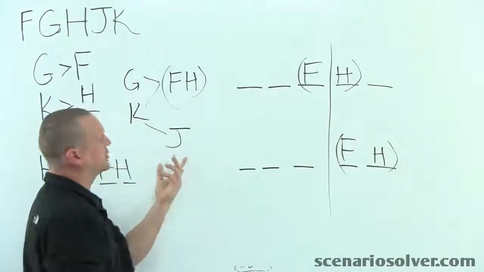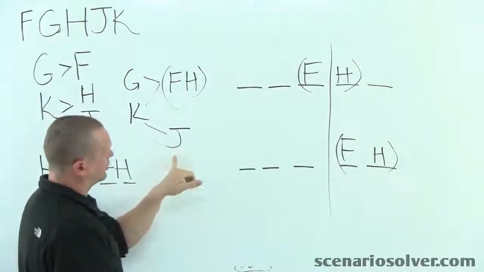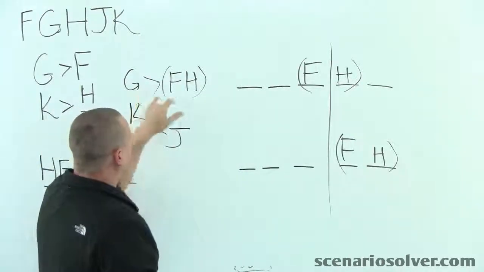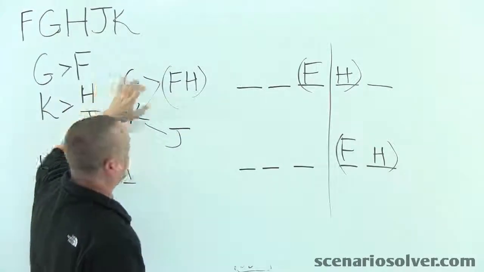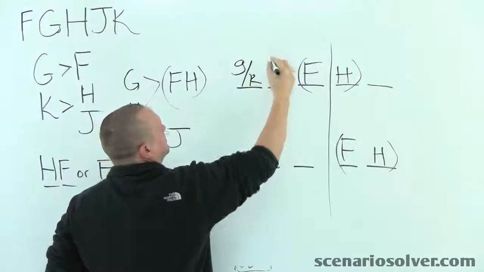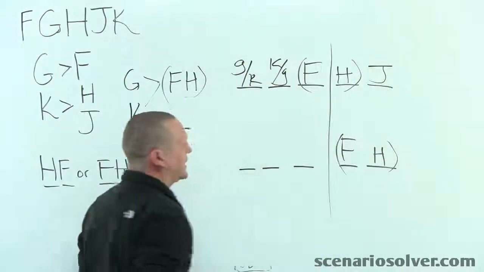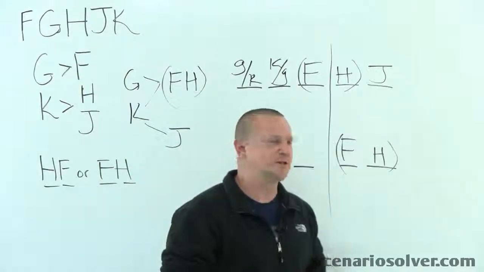So now let's just take a look at what we've got. Well, we know that K has to occur before J. And we know that G and K have to occur before F and H. So in this situation, it's pretty simple. Okay, and then we know that J would go here. And this is just a distribution technique that I would use.